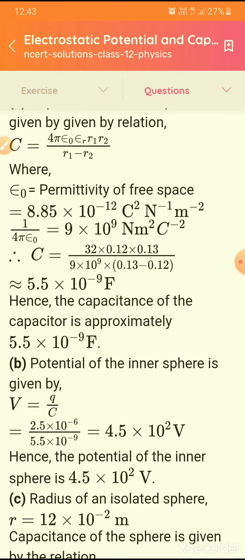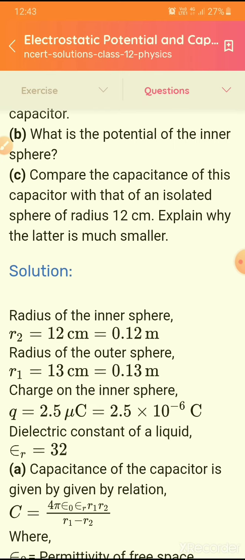Substitute the values and you will get V is equal to 4.5 into 10 to the power of 2 volts. And we can go for the third question.